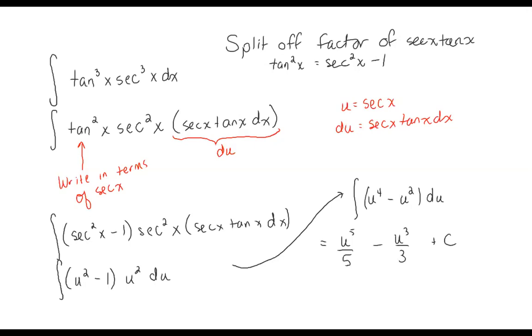Finally, everything gets written in terms of secants: secant to the 5th of x over 5 minus secant cubed x over 3 plus c. So you can see these can get a little bit messy, but they're all doable. We just have to crunch through them and stick with them until we get to the right answer.